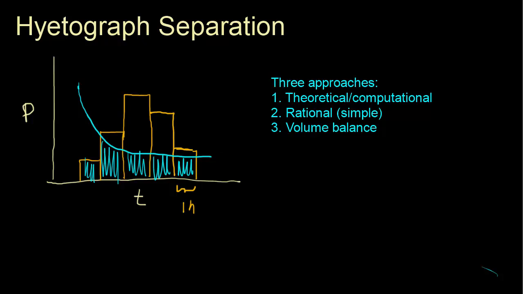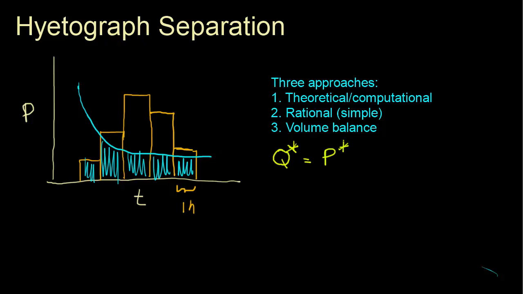Now the third method is actually the one that's done most commonly, and it's really quite simple. It's to just back calculate it, because we know that by definition the amount of the event hydrograph, the water in the stream that comes directly from runoff and not from base flow, has to equal the effective precipitation.